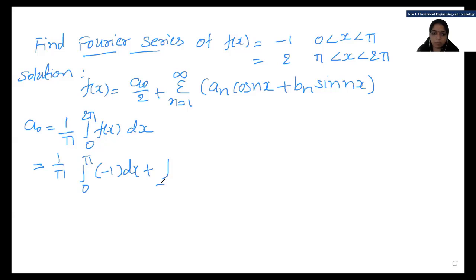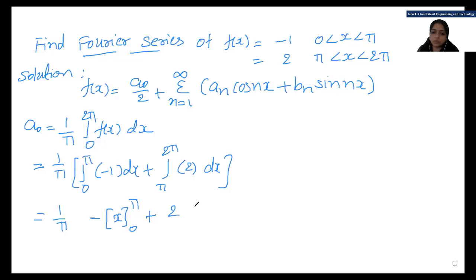And for pi to 2 pi our function is 2. 1 by pi is common, so 1 by pi, this -1 is constant, so integration of 1 with respect to x is just x, limits are 0 to pi. Similarly here 2 is constant and the integration of 1 with respect to x is just x and the limits are pi to 2 pi. I think no one has any doubt in this step.